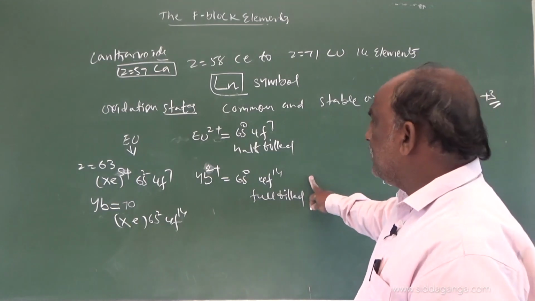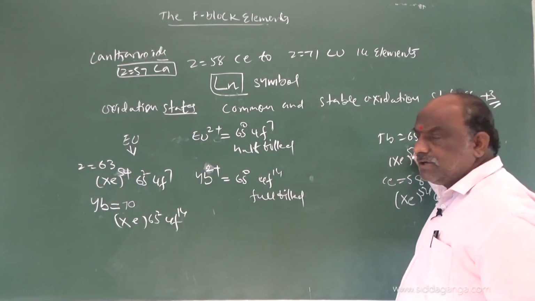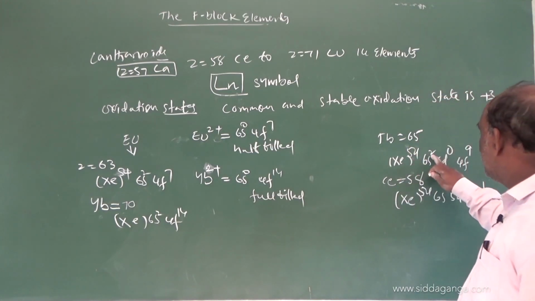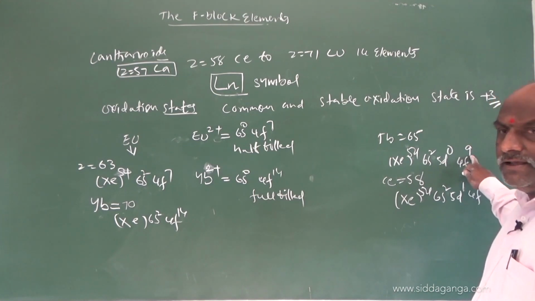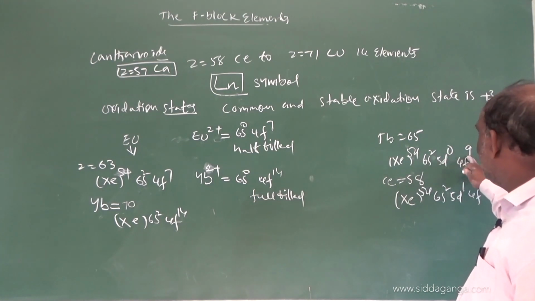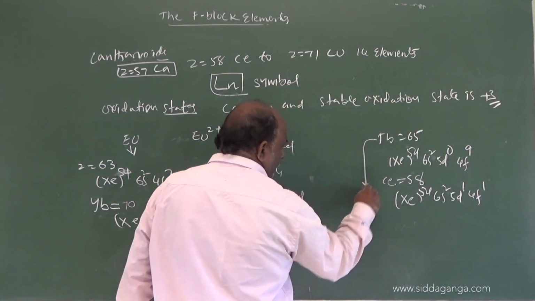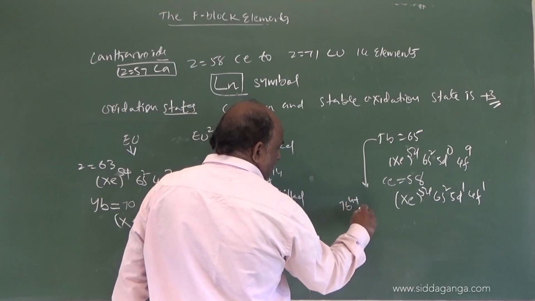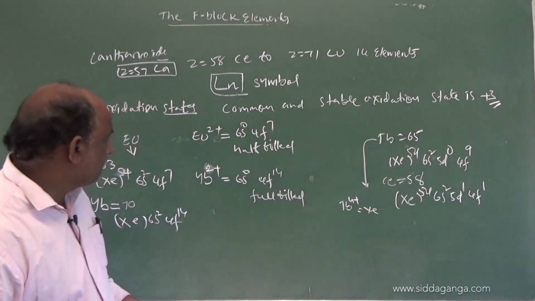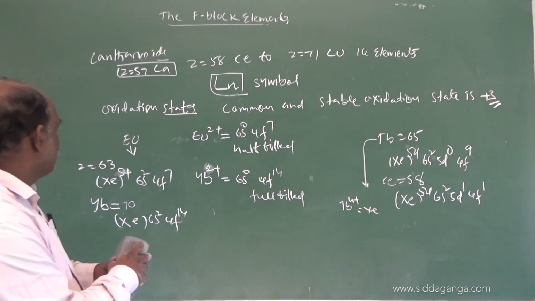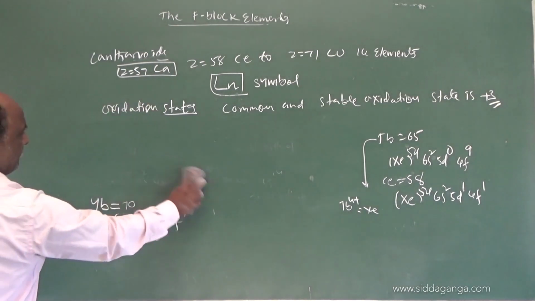And Tb4+, removal of electrons from this, then we will get 6s0, 4f7. Let me write here.